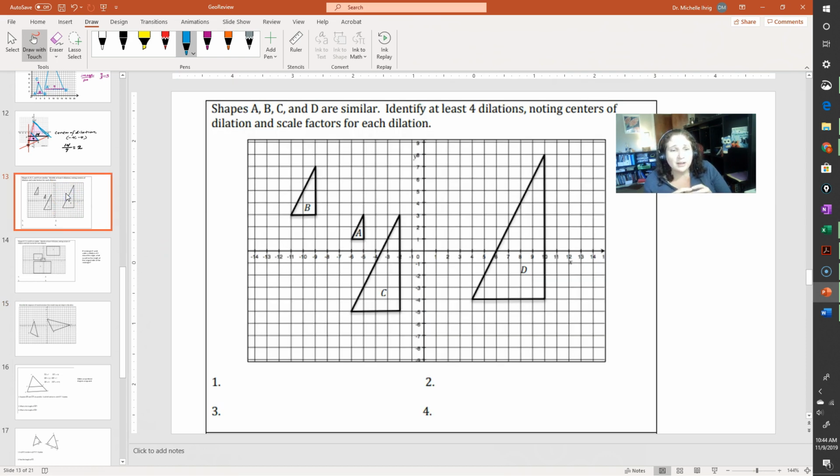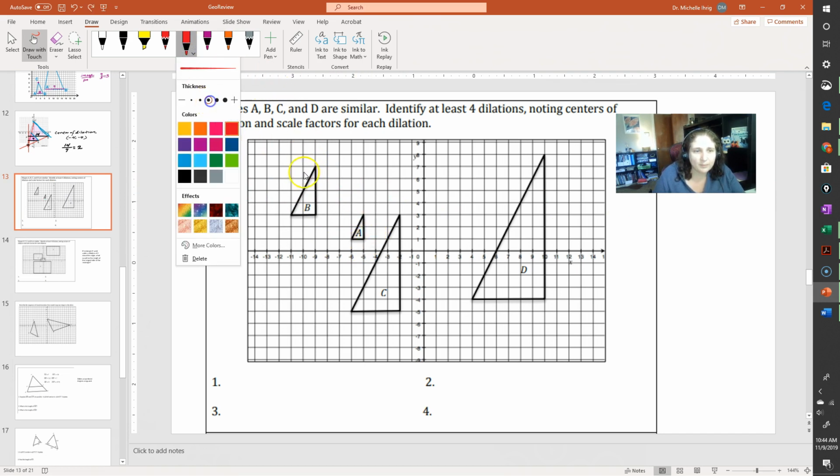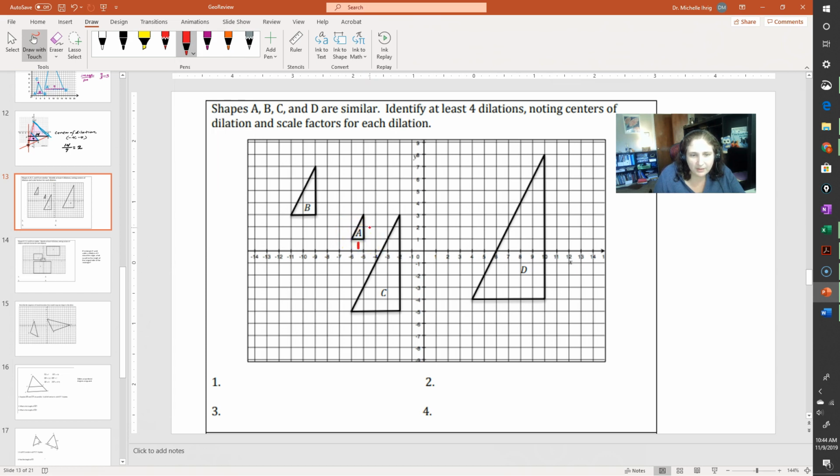So if we look here, we can see that, well, from A to B, this is 1. Let's just put some values down to get us going. So we know the measure of length. This length is 1. The measure of this length is 2. This is 2. This is 4. This is 4. This is 1, 2, 3, 4, 5, 6, 7, 8.